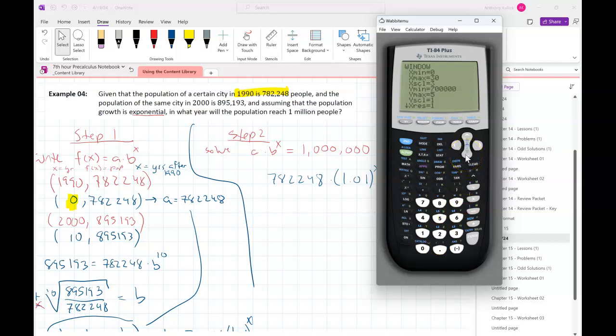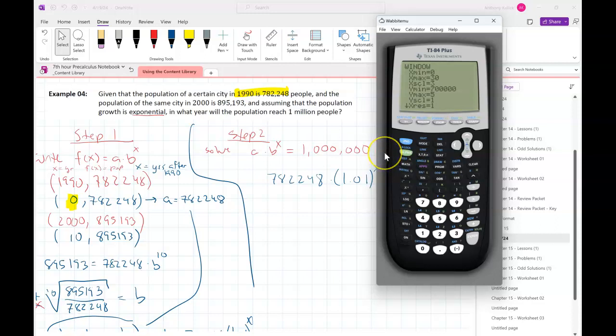Everybody's okay with that? The Y max must be bigger than what number? Of course, bigger than the 700, or the 782 even, but what number does it also have to be bigger than? Nope. It does have to be bigger than that, but that's potentially not big enough.